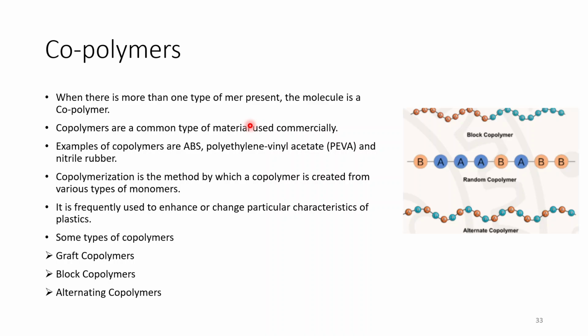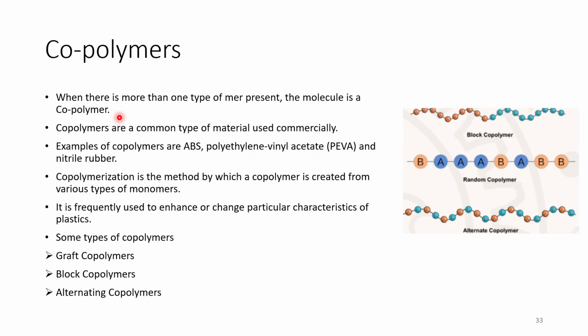Next is copolymerization. So here when there is more than one type of mer present, the molecule is a copolymer, and the copolymers are commonly type of material which is used commercially.